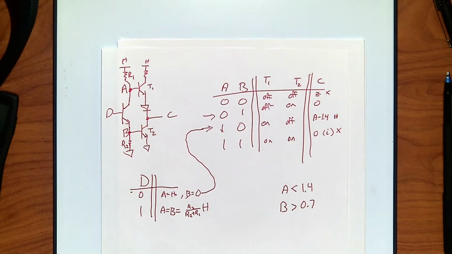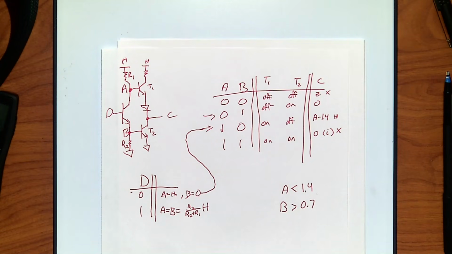Because it can't go above that because it's a diode, right? Because then it'll take as much current as you want, and it will in essence cut that other resistor out. So the net resistance will drop to basically nothing. So you cannot possibly, under this configuration, get B above 0.7.